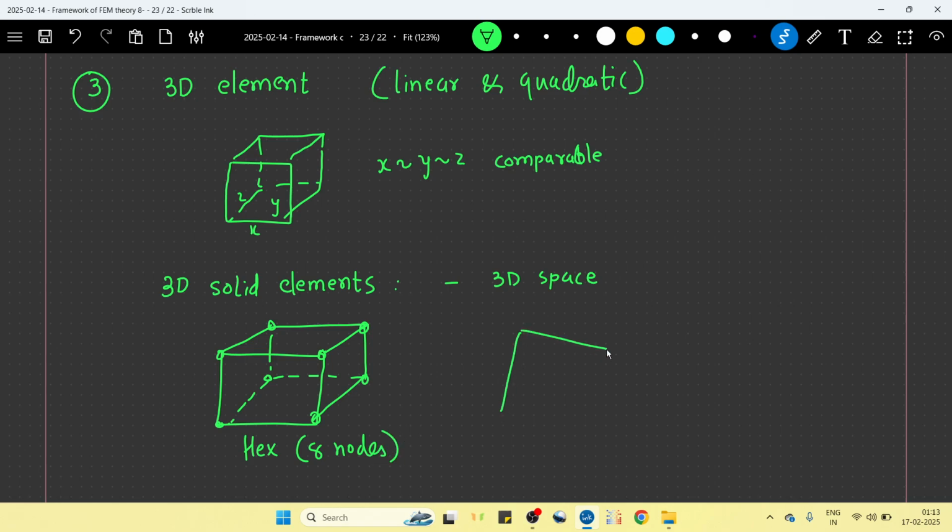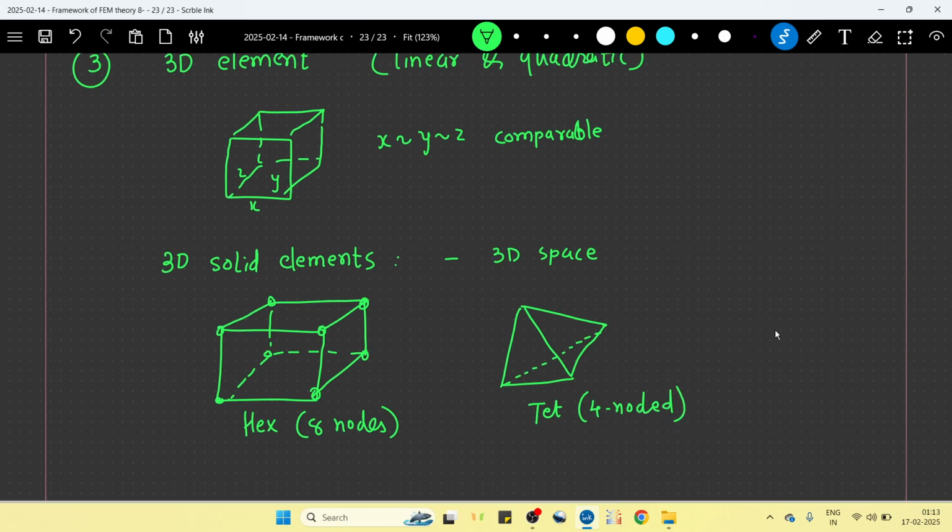There is another 3D solid element, that is tet element, which is 4 noded. And there are also wedge elements, which is 6 noded.